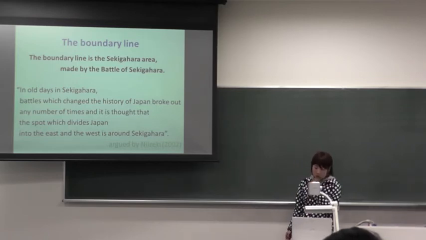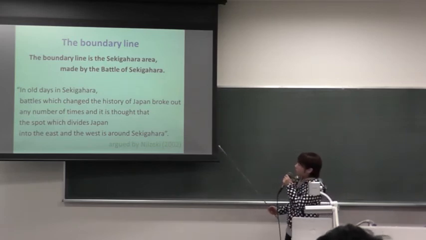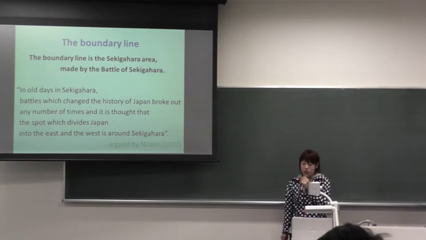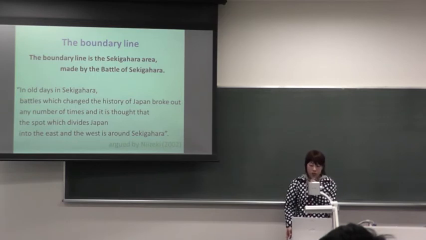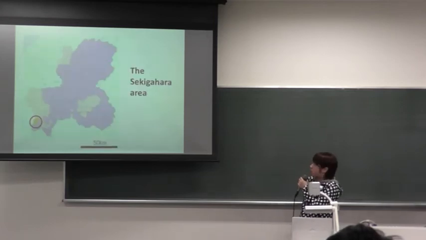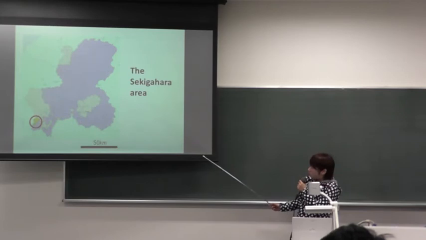In 2002, Nizeki argued that in old days in Sekigahara, battles which changed the history of Japan broke out any number of times, and it is thought that the spot which divides Japan into the east and the west is around Sekigahara.